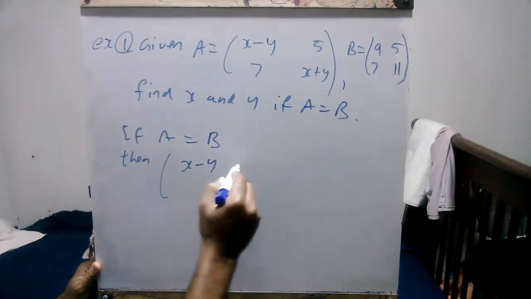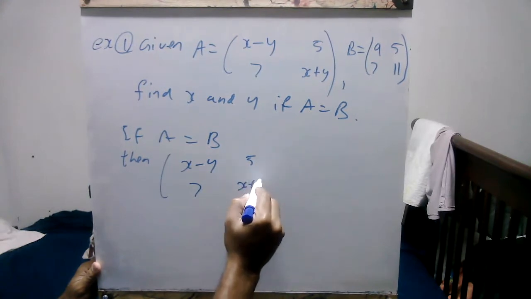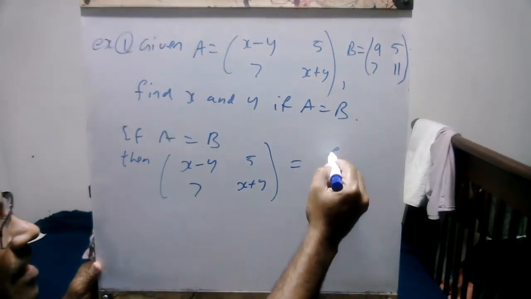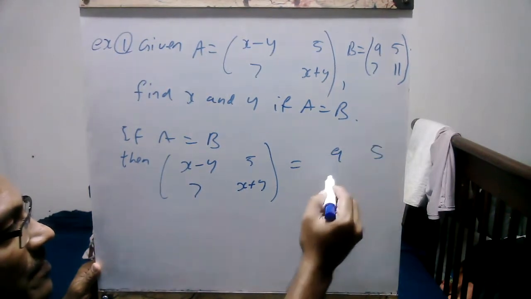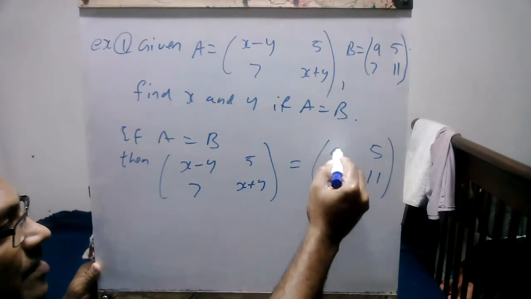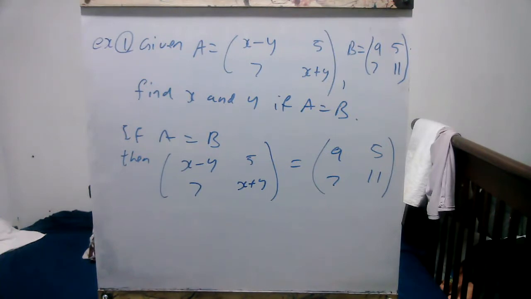X minus y, 5, 7, x plus y equals 9, 5, 7, 11. Now if these two matrices are equal, their corresponding elements should be the same.